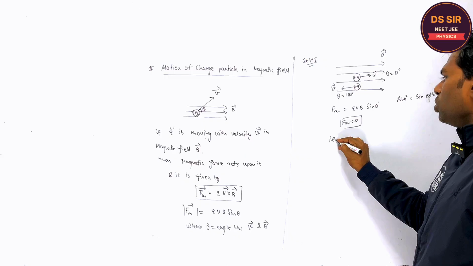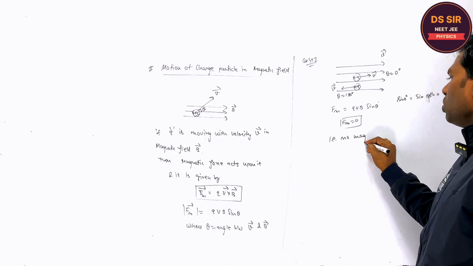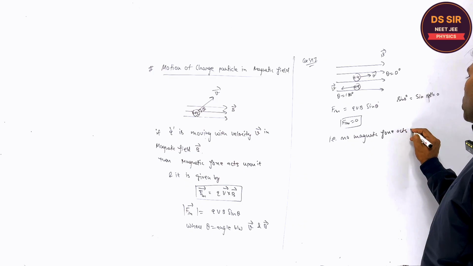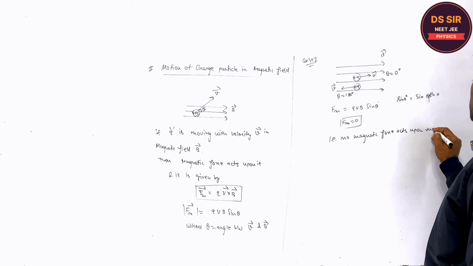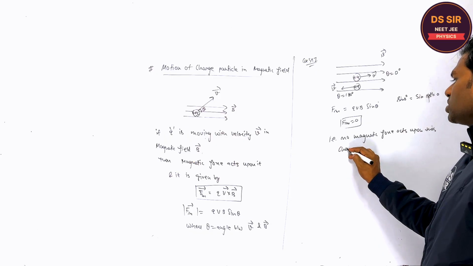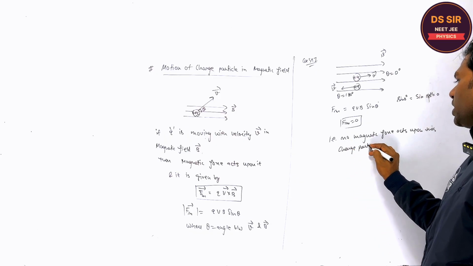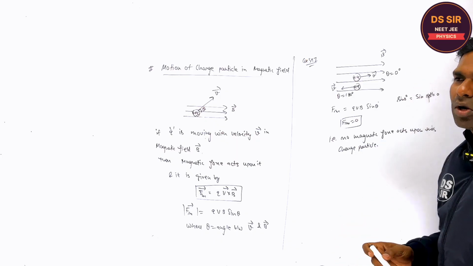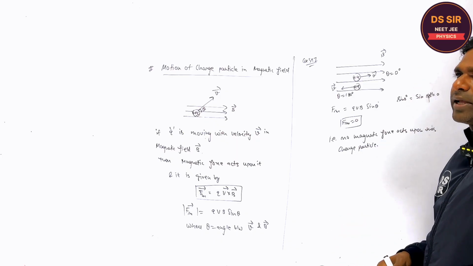That is, no magnetic force acts upon the charged particle if it is moving along the magnetic field or just opposite to the magnetic field.